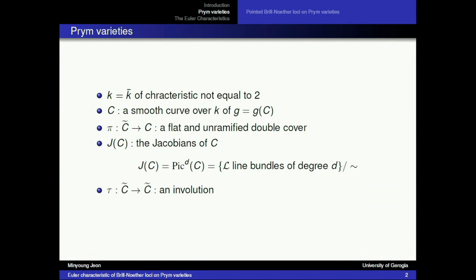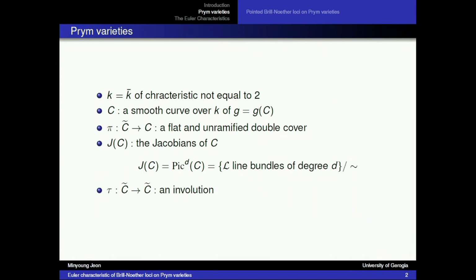Flat means the fibers are equidimensional, and unramified means that if you have a double cover, this is your double cover, then this point is an unramified point.